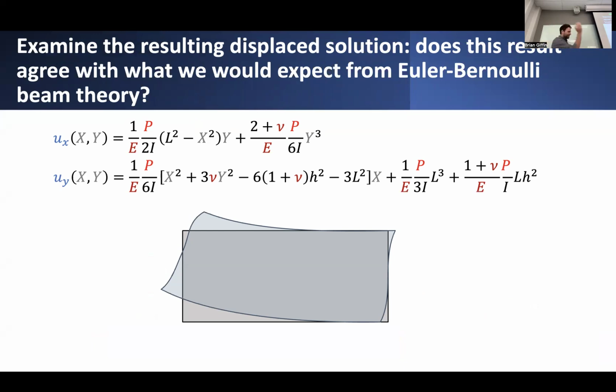So if I were to draw out what the deformed configuration of this plate would look like after it's been subjected to the applied loading and you apply the displacements, it looks kind of like this. Now, let me just ask you off the cuff, does this look right to you?